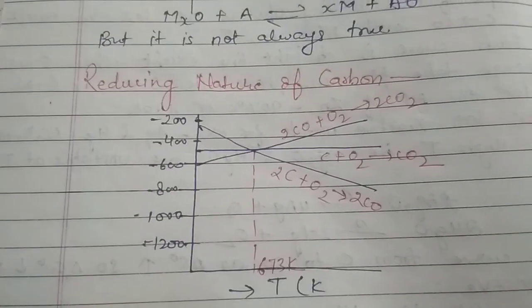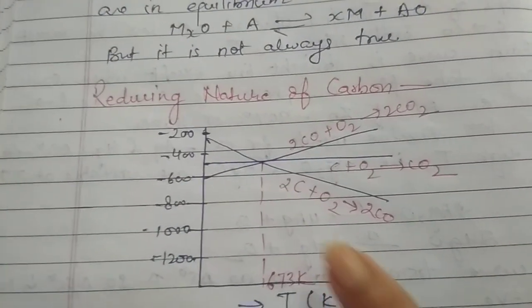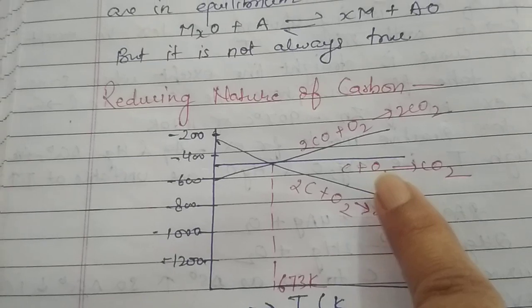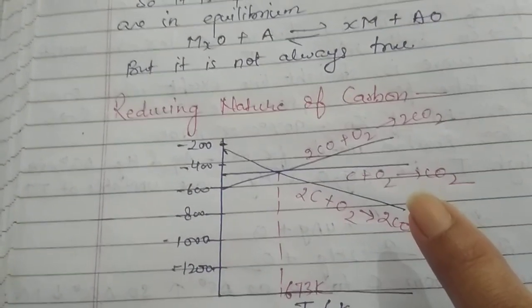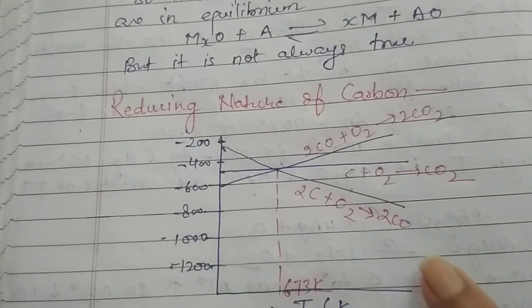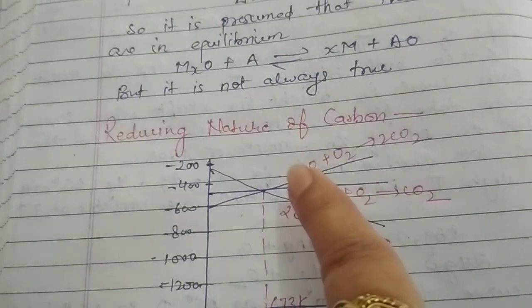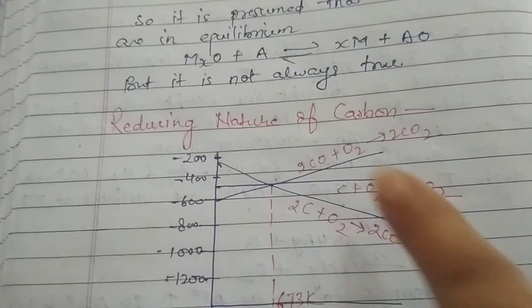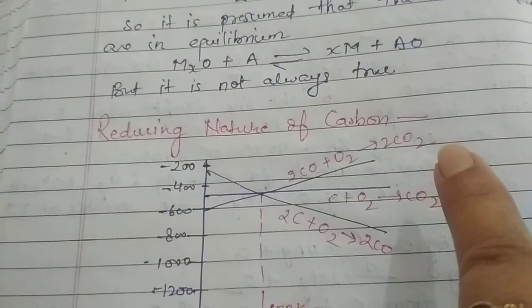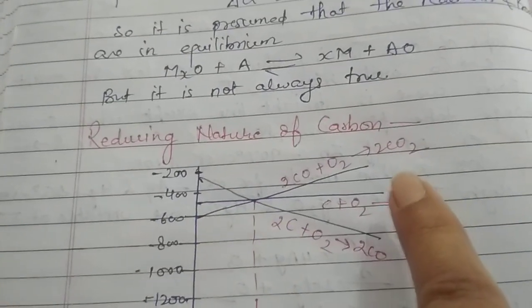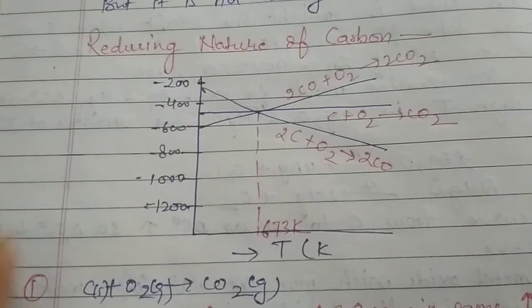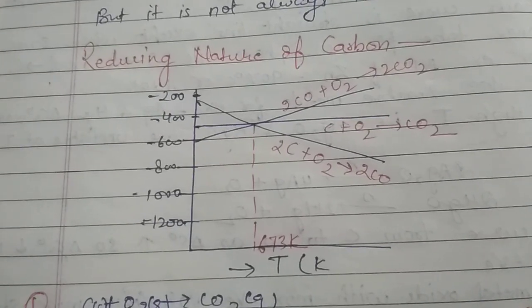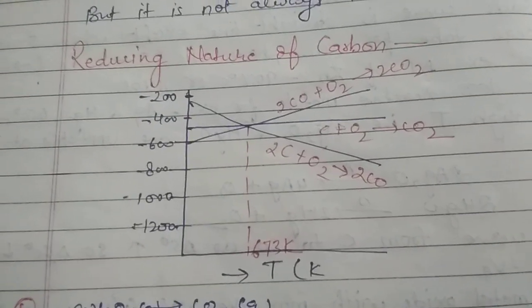The first is that carbon reacts with oxygen to form carbon dioxide. The second possibility is that carbon may form carbon monoxide, and the third possibility is that the formed carbon monoxide is oxidized to give carbon dioxide. So we have these three curves with the help of which we can select the suitable reducing agent for a particular metal oxide.